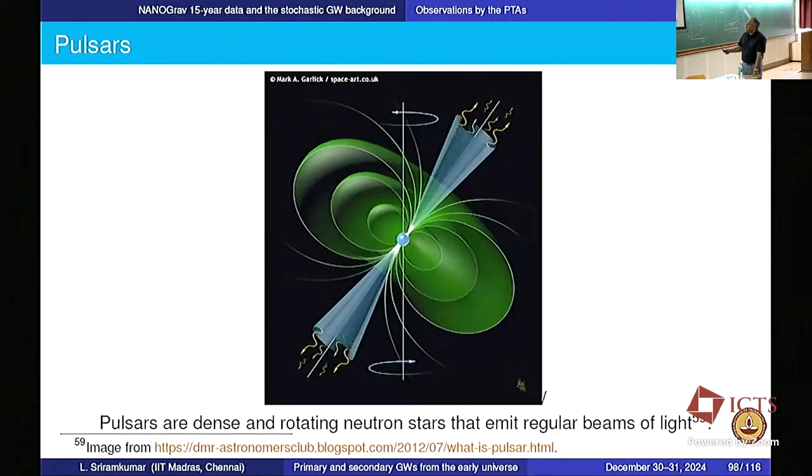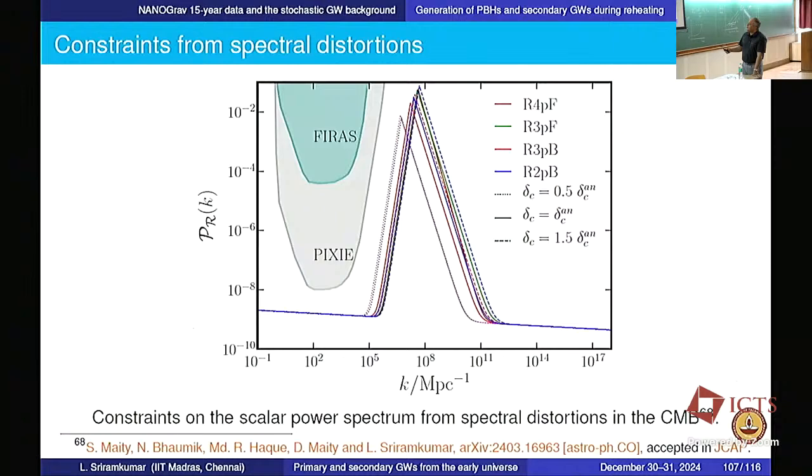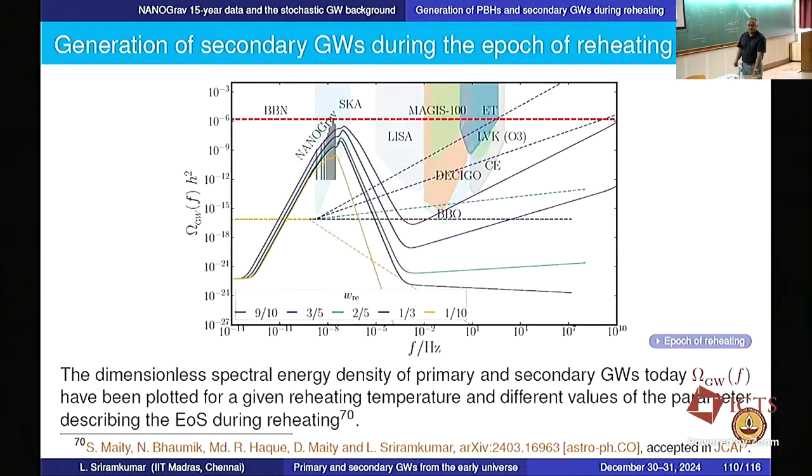Let me go to this one. Yes, these are different benchmark points. The different colors correspond to different values of the parameters. Okay, that's fine.